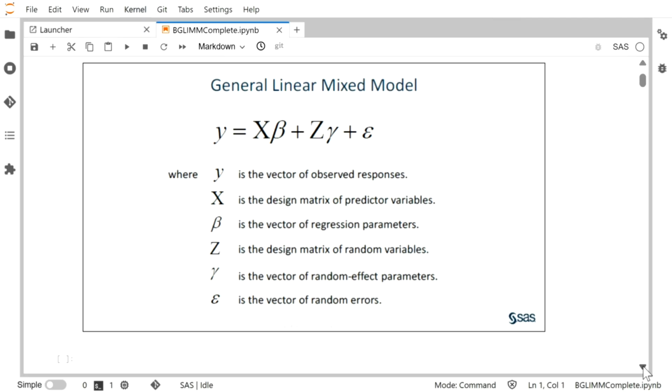Because of the generalizability, we can say, let's keep things in the normal world. Oh wait, no, let's change the distribution and put it into one of the exponential families. Oh, we need a random effect or a repeated measure. Or no, we don't. We're going to have that flexibility.